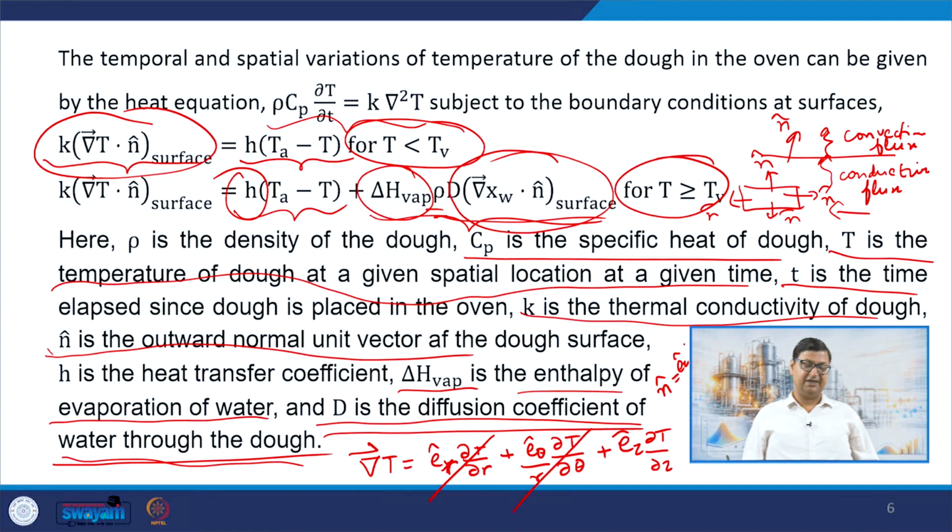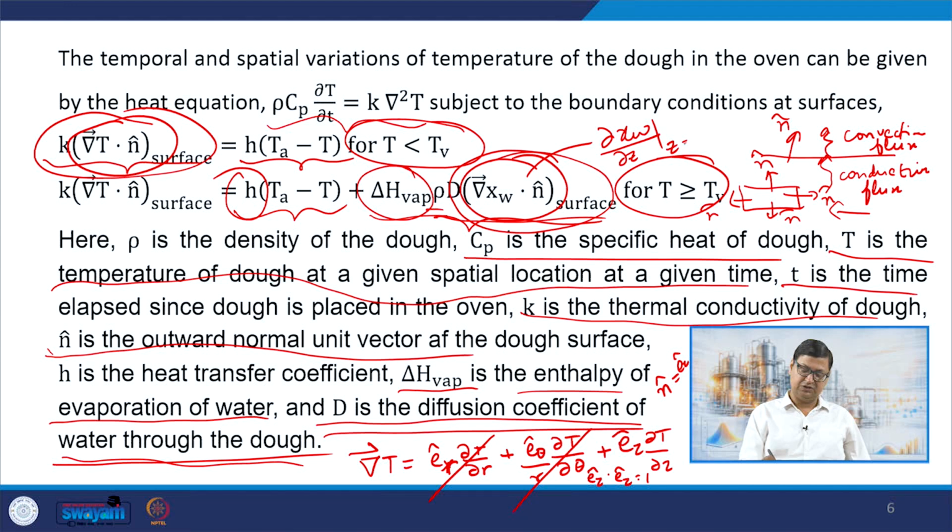So, basically del T dot n is going to be simply dT/dz, because we know that e_z dot e_z is equal to 1. So, this term gives me dT/dz, right. The same idea we can apply here. So, this becomes something like dxw/dz at z equal to L.